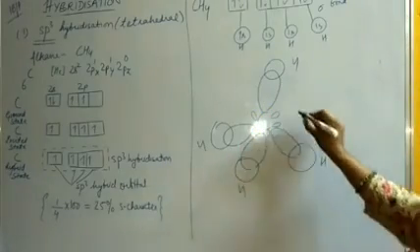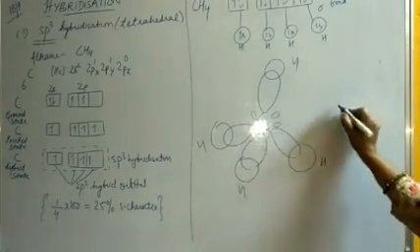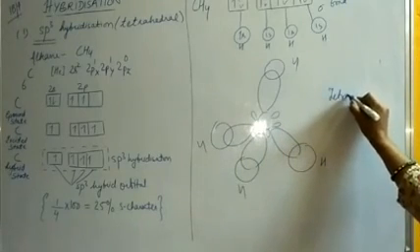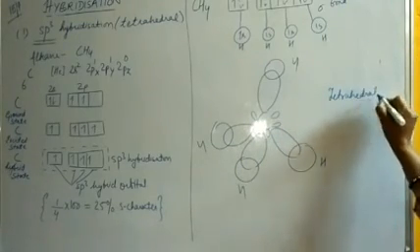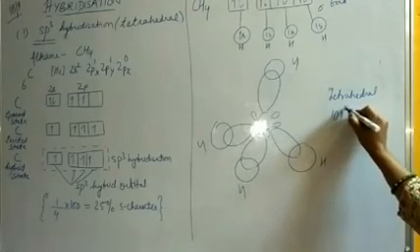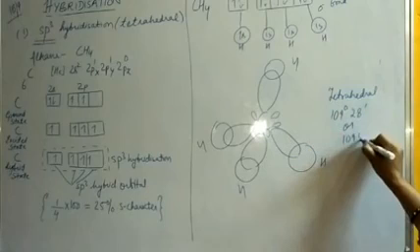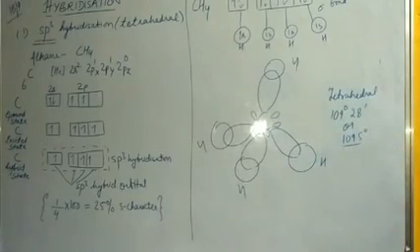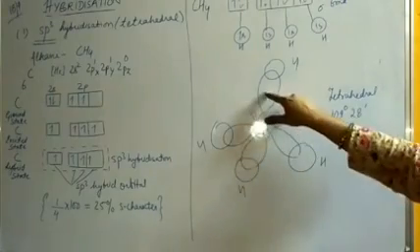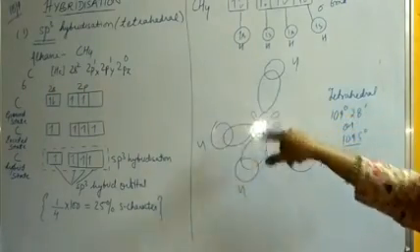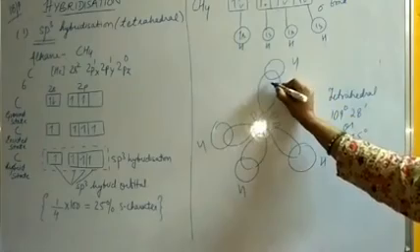So here the shape is tetrahedral, and the bond angle is 109 degree 28 minute, or you can write 109.5 degree approximately, right? This is the bigger lobe, this is the smaller lobe. The bigger lobe generally has the plus sign here.